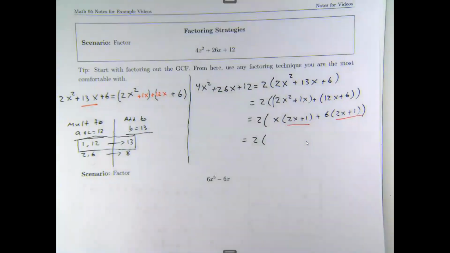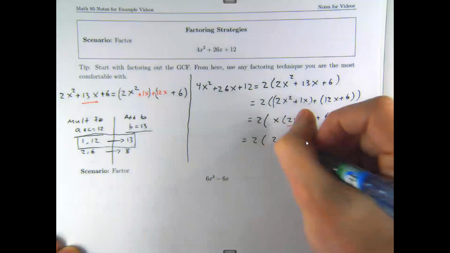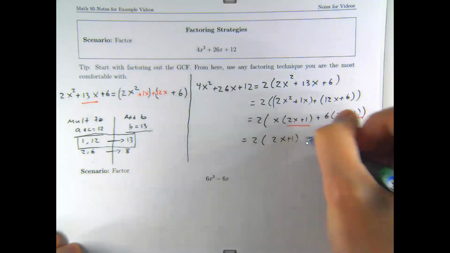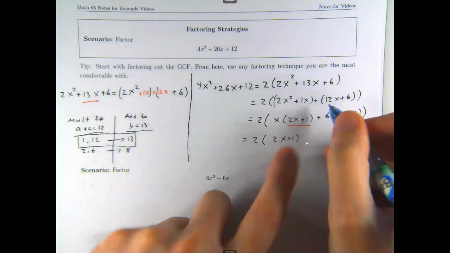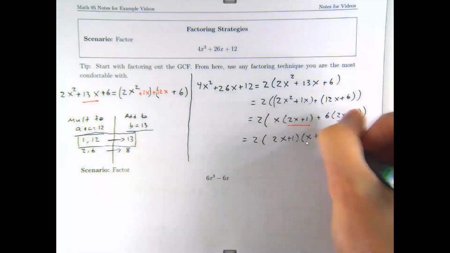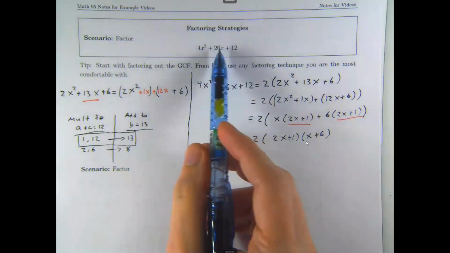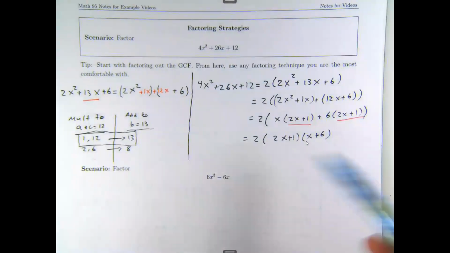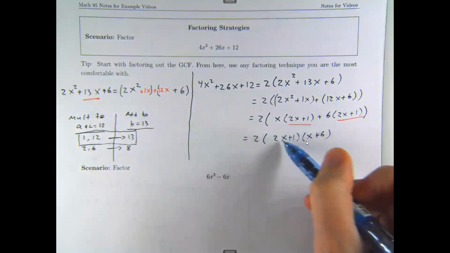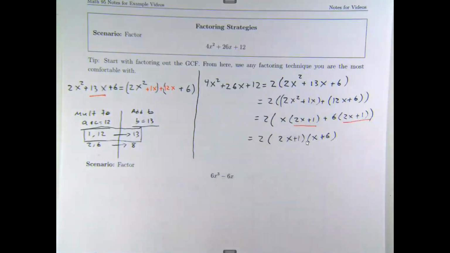In this case, 2x plus 1. That 2x plus 1 looks like it's getting hit by an x and a 6. So if I factor 4x squared plus 26x plus 12, I'm left with 2 times 2x plus 1 times x plus 6. Let's try another one.